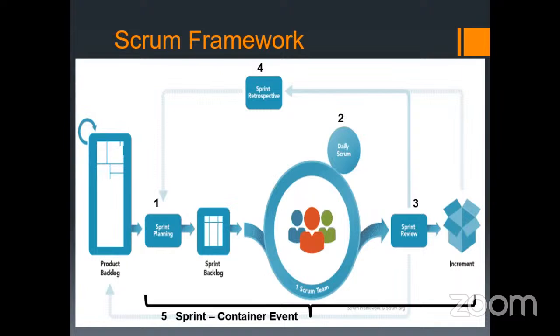And then there are the events: what is the sequence of the various events, who is attending the event, what exactly is happening in that particular event, how transparency is maintained with the help of the commitment, how inspection is done with the use of the commitment, and how adaptation is done. We have seen everything. Now we know about Agile and we know about the Scrum framework.